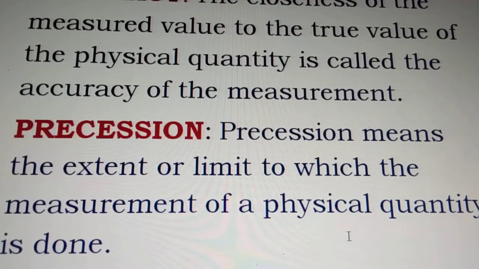Now, each and every measurement has an error. Error is due to what? Human error, maybe. You are not keeping the device in a proper manner. So, what is the meaning of this error?